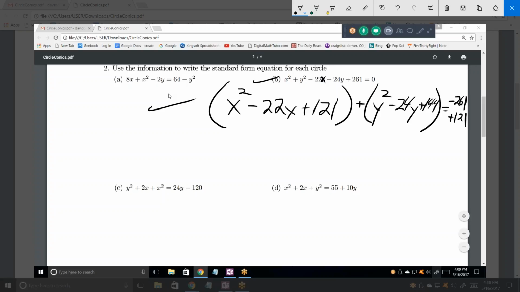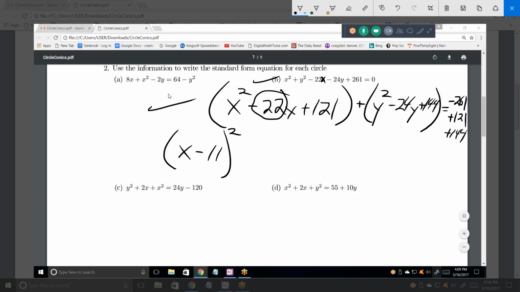Add that to 24y, and then add that to 121. And then it's x minus 11, quantity squared.